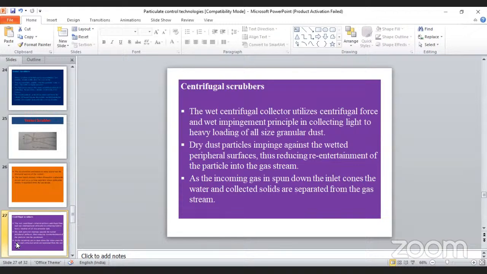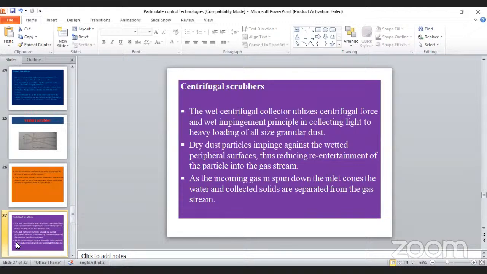As the incoming gas is spun down in the inlet cones, the water and collected solids are separated from the gas stream. It is a very simple concept, but we cannot assure 100% that all the particles will be impinged, because of the motion happening when we make this centrifugal motion. Particles will be attached based on the impingement concept.